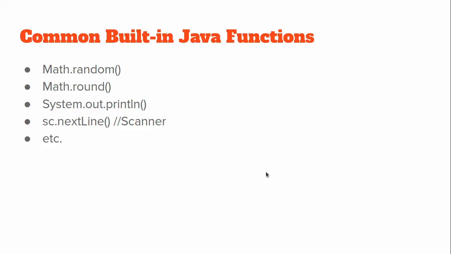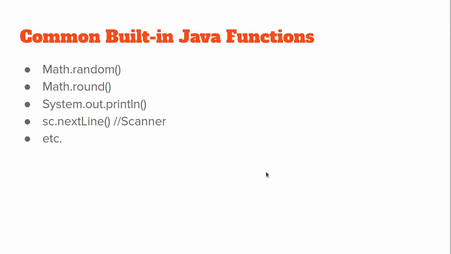Here are some of the common built-in Java functions. Most of these functions are written inside of what are known as libraries. There are hundreds of libraries available in Java. One of these libraries is the math library, which has the functions random and round, and many other mathematical functions, which we can use anytime we want.